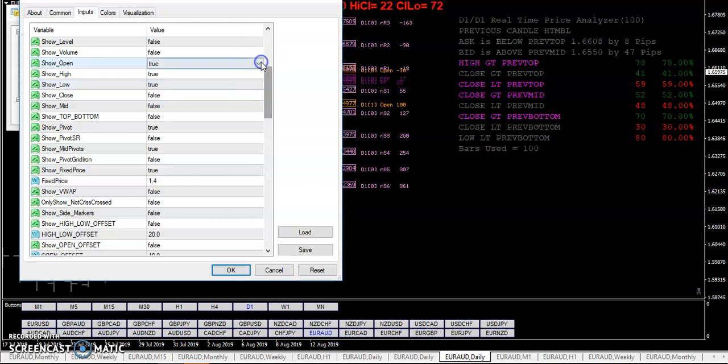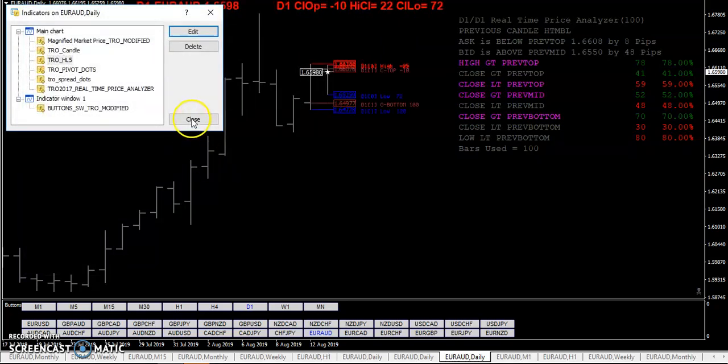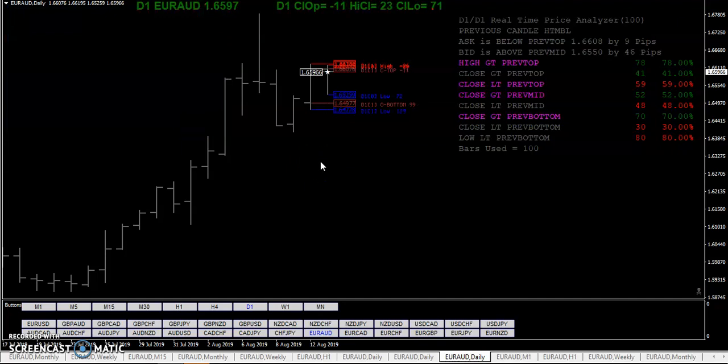We want show open false, show top bottom true, show pivot false, show mid pivots false. There we go. So high greater than the previous candle top 78% of the time, close greater 41% of the time.